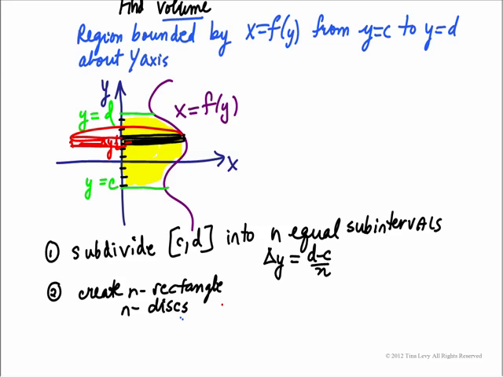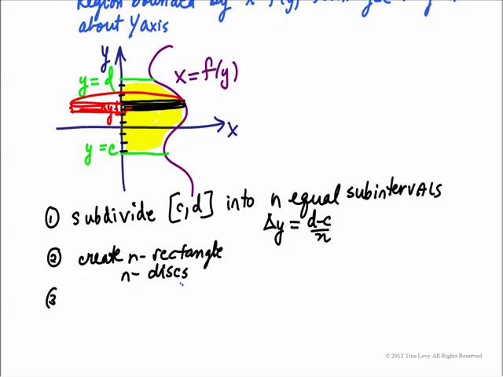And we're going to, as our third step, get the volume of the typical disk. So now we're going to create V sub i, which is the volume of the typical disk. For this disk, we can see that the radius will be the x value that's on the curve x equals f of y.